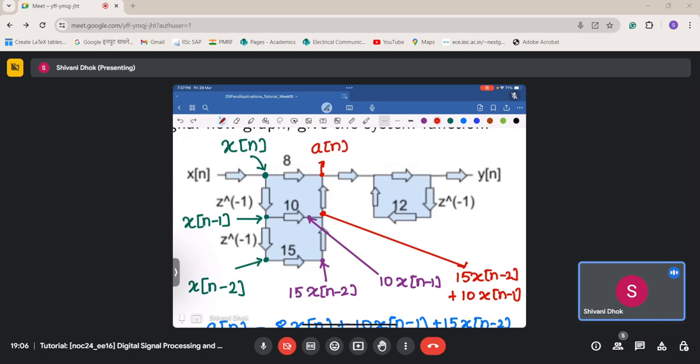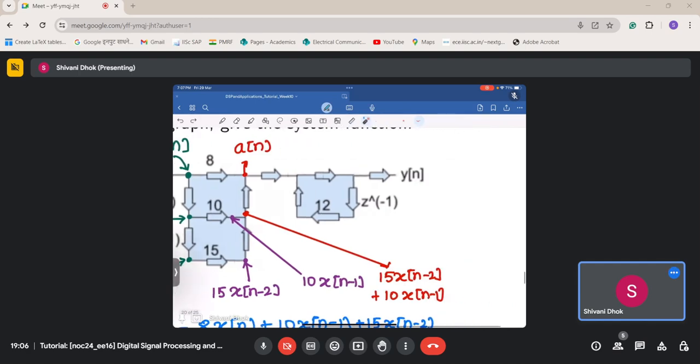Now let us look at the feedback part. In this feedback part, this thing here is y of n, and this y of n gets delayed by 1 unit.